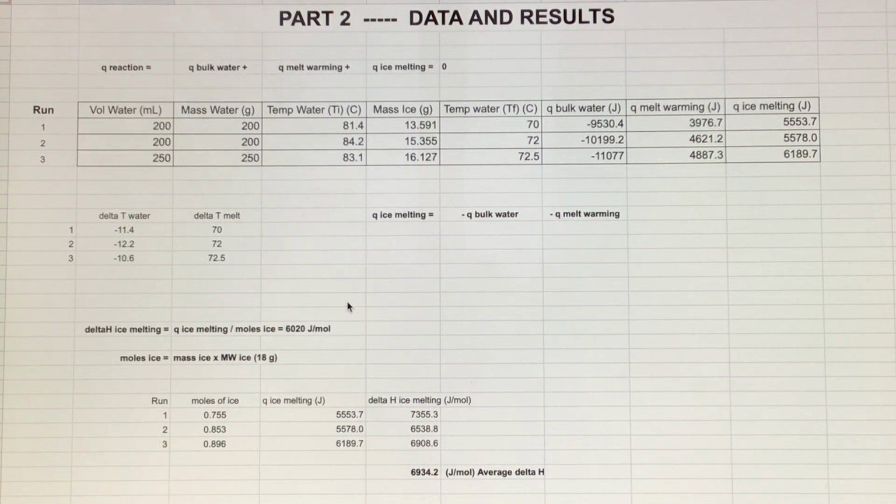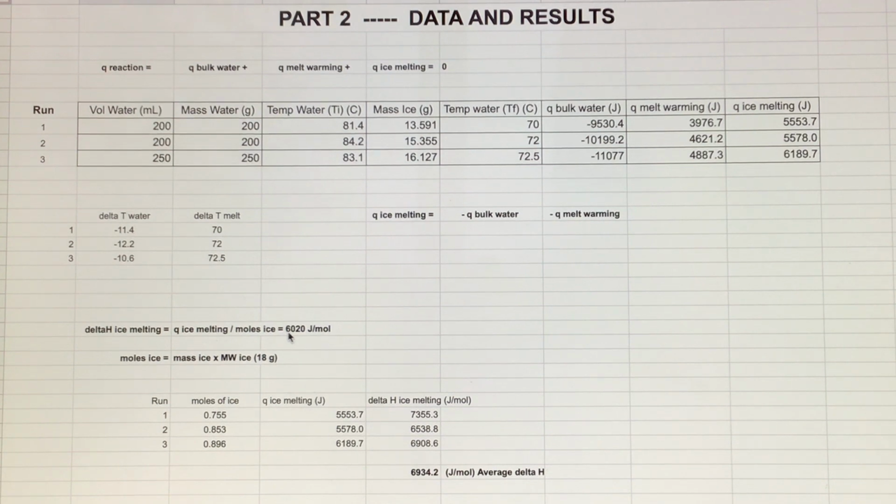So, as I said, the goal was to calculate the delta ice melting, so the heat of fusion of water. How do we define the enthalpy? The enthalpy is nothing less than heat change at constant pressure, and is defined by the Q ice melting divided by the moles of ice.